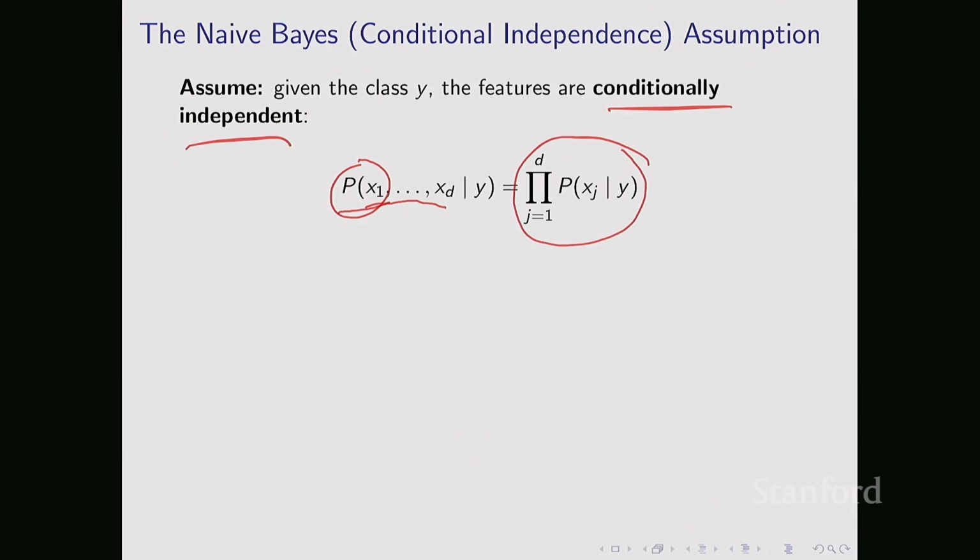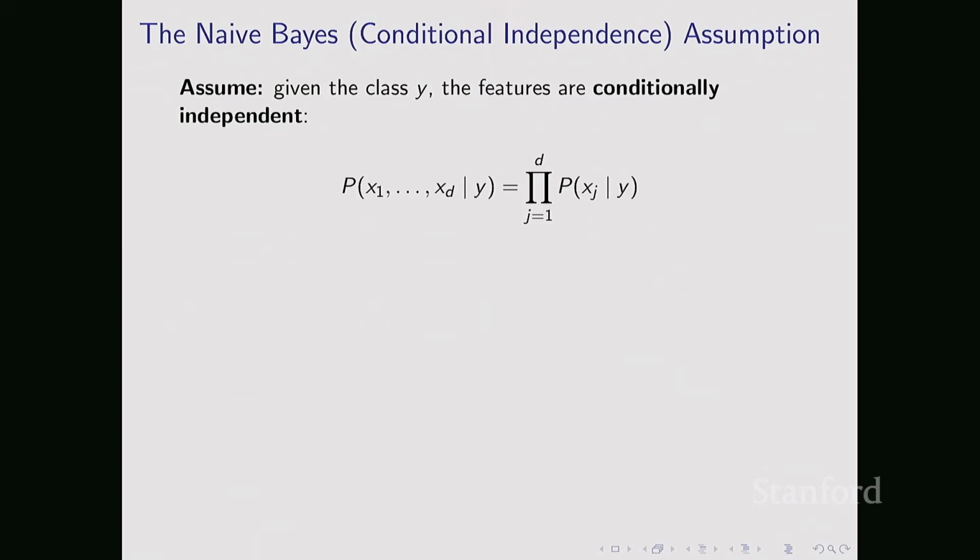So given the class, given the sentiment, you pick which words to use independently. Clearly they're not independent, but we're going to assume that, and we're going to be able to factor the probability distribution in this really nice way. And that's going to let us go from having 2 to the d parameters to having something much smaller, d.